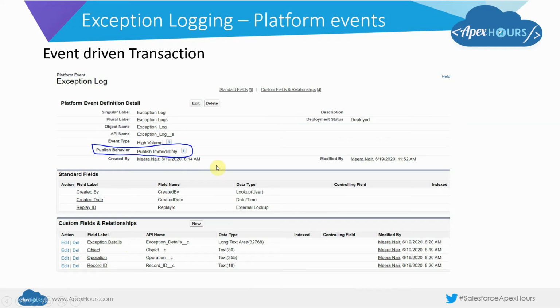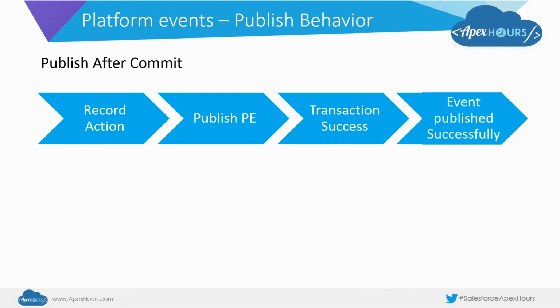And the important thing that you need to take care of is that the publish behavior for our platform event should be publish immediately. Platform events have two kinds of publish behavior, publish after commit and publish immediately.